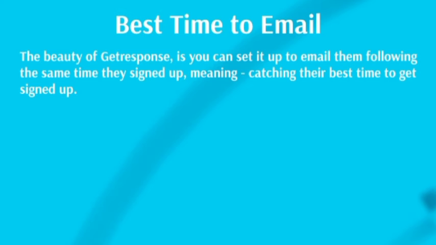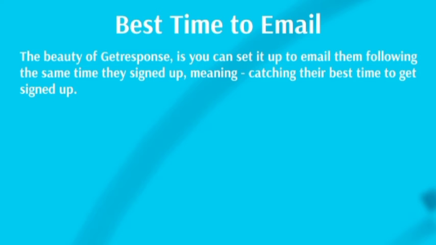So let's say, for example, that one of your subscribers signed up on Wednesday at 3 p.m. GetResponse will actually detect that, and you could set that within your autoresponder system and say, okay, email them every day at 3 p.m. or every week on Wednesday, 3 p.m.